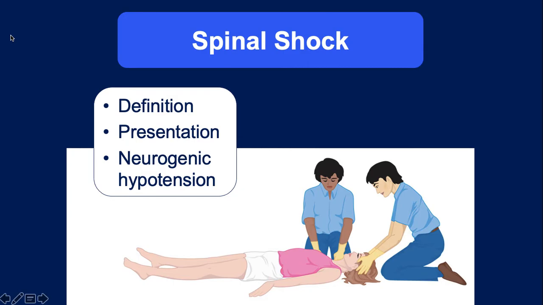So you're not going to have that pale, cool, diaphoretic skin. The skin is going to be flush, warm, and dry because they don't have the adrenaline response that someone going through another form of shock might have. And of course, treatment for this would be bag valve mask ventilation, support their ABCs, and then transport them to a trauma center.